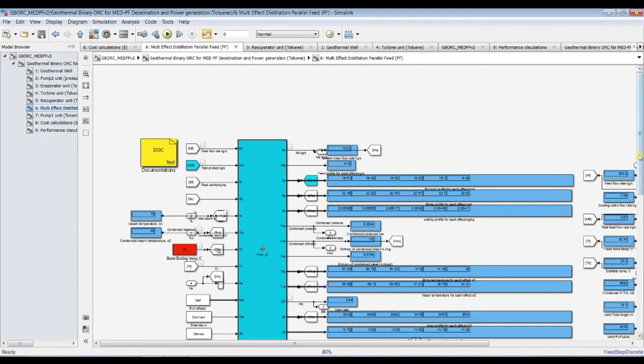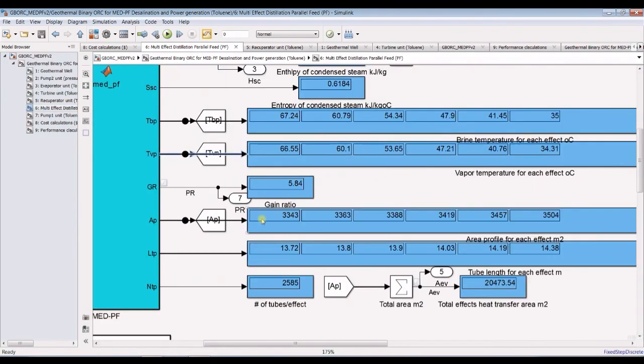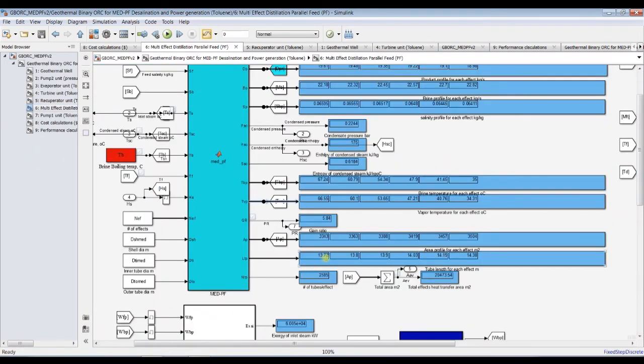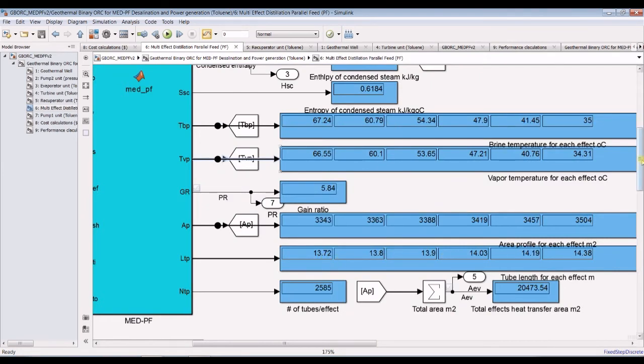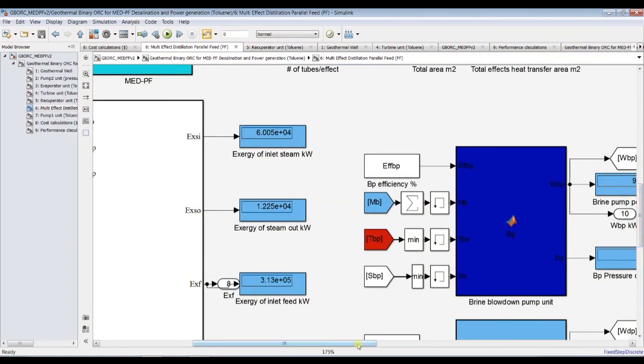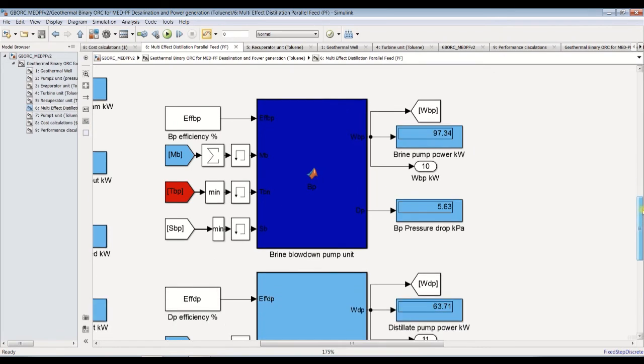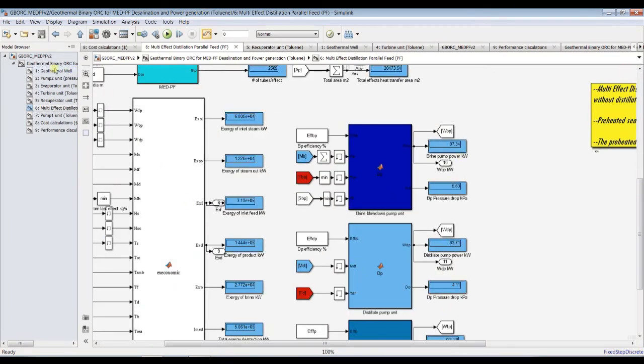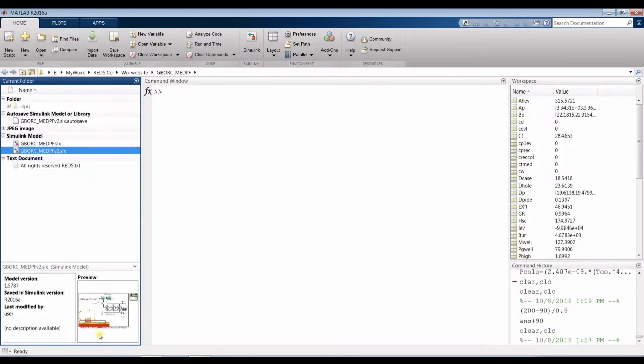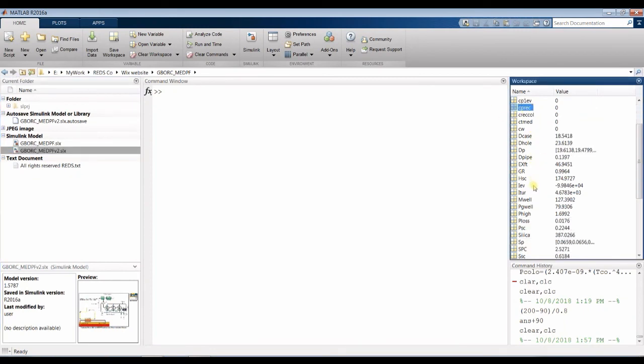Area profile, as you can see here, this is the area profile. Total length by each effect, and this is the power for each pump. You can go here and draw some figures if you would like.